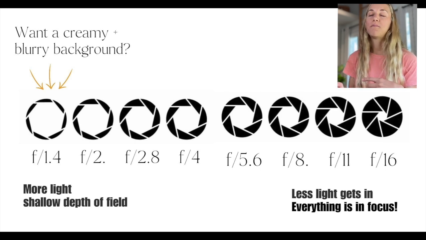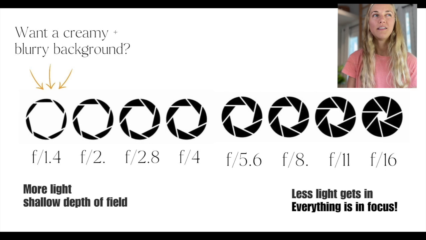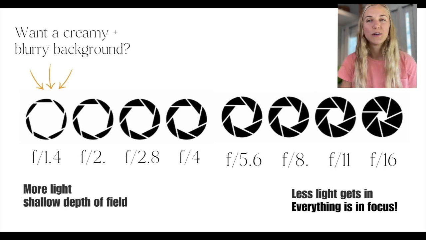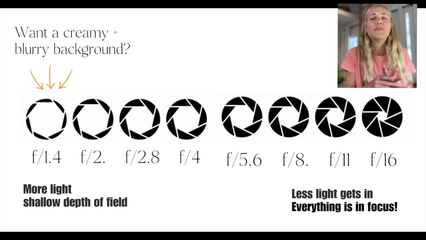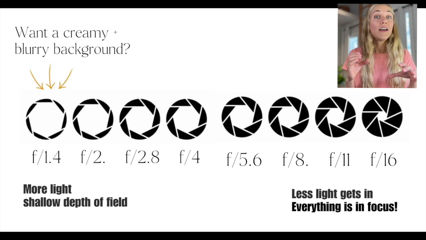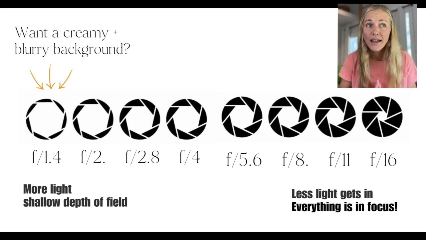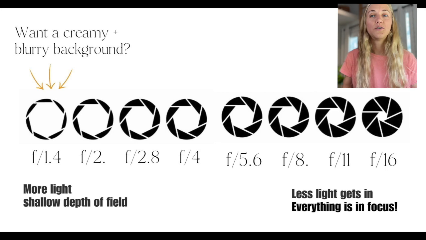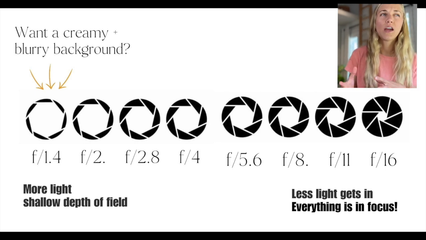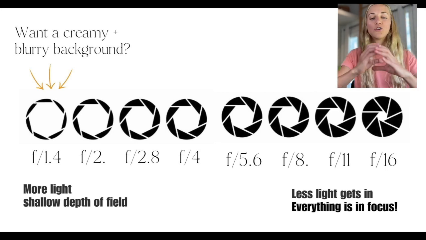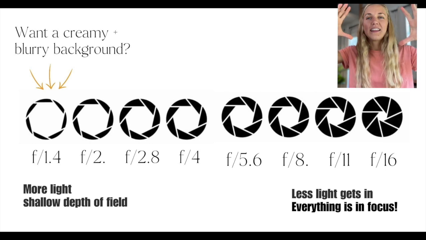So you might be like f5.6 or something like that, kind of in the middle, which means your camera does not let in as much light as my camera lens might be letting in. And so you're kind of stuck in that you can't go in as dark of situations because your aperture is not letting in as much light.